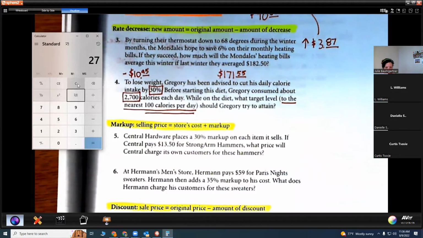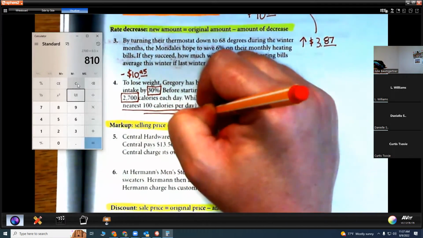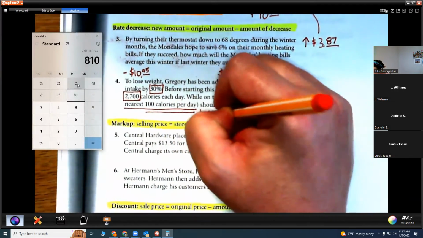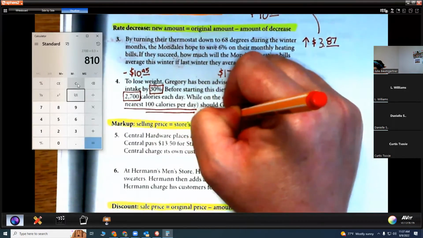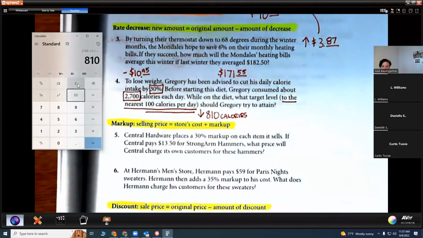All right, so we take 2,700 times 0.3, or 30%. So he needs to reduce his calories by 810. So he needs to go down 810 calories. Okay.